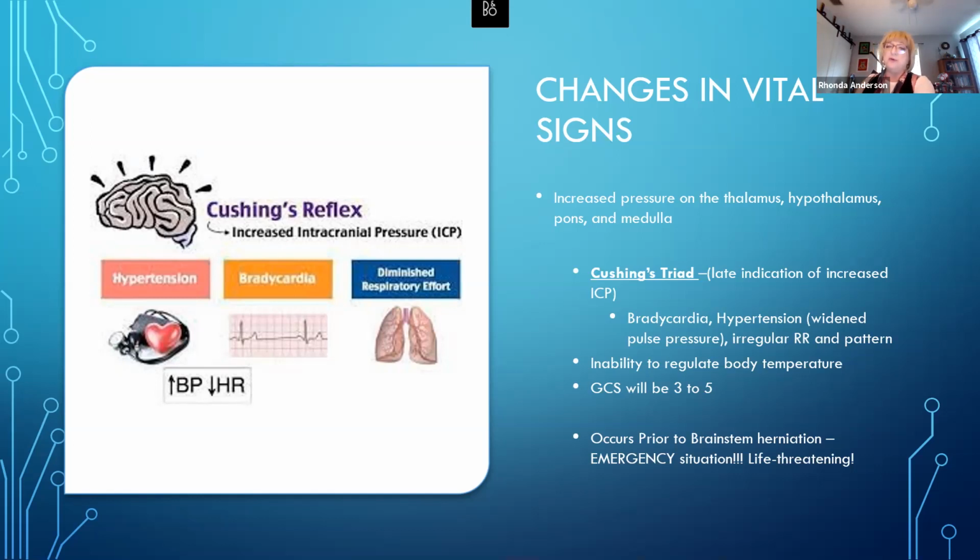But once they're intubated and put on mechanical ventilation, it's not so easy to pick up some of these irregular patterns. They'll have an inability to regulate body temperature, and a lot of times they will have a fever, and they'll be hyperthermic. And their Glasgow Coma Scale is usually anywhere from 3 to 5.